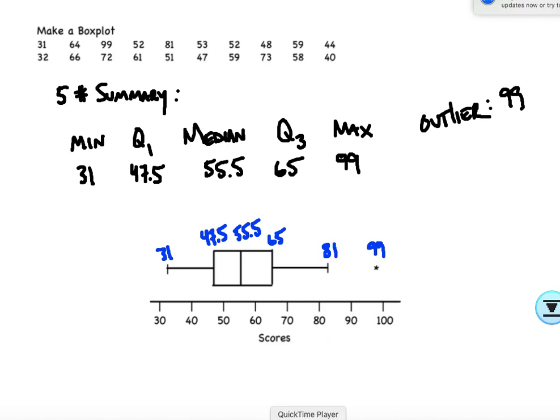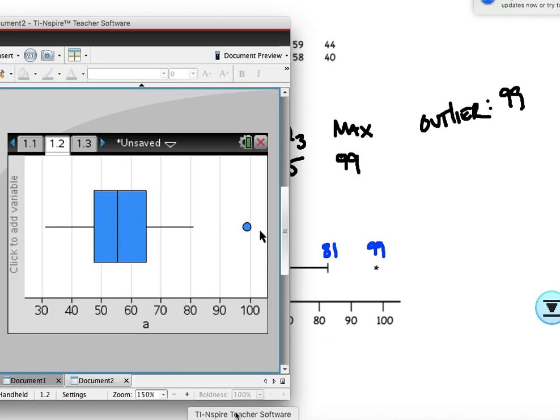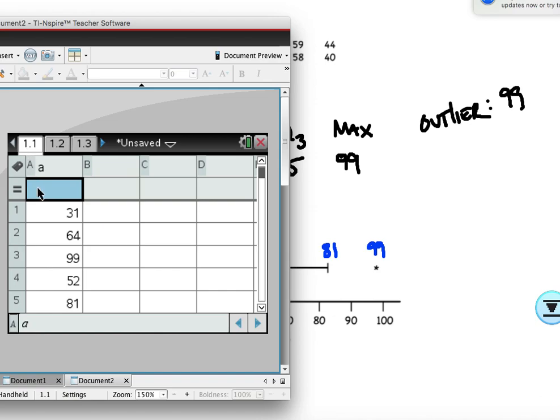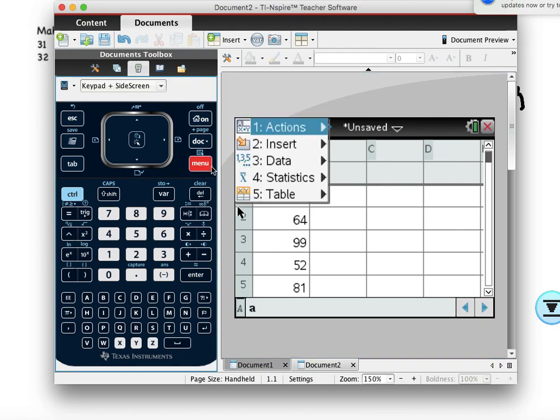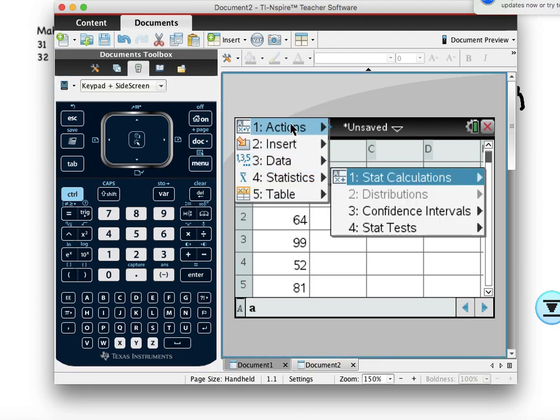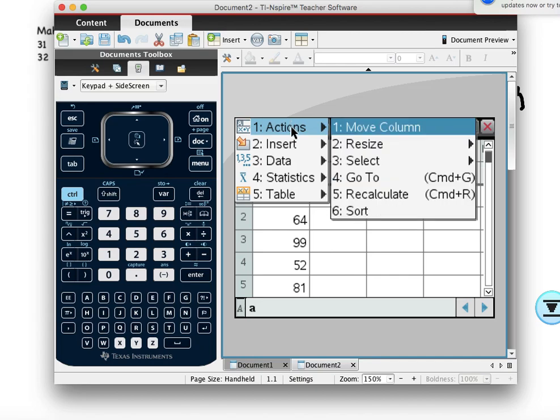Another way that you could figure this out is if you go back to your list of data, we could sort it. So if I'm up here where I labeled it, I could go menu, actions, and then sort.